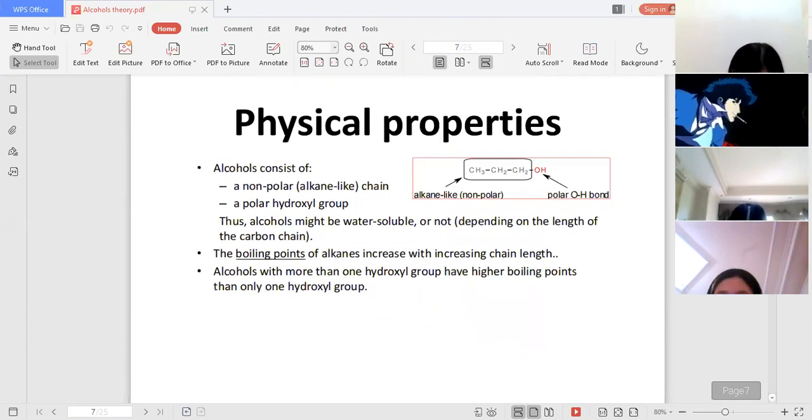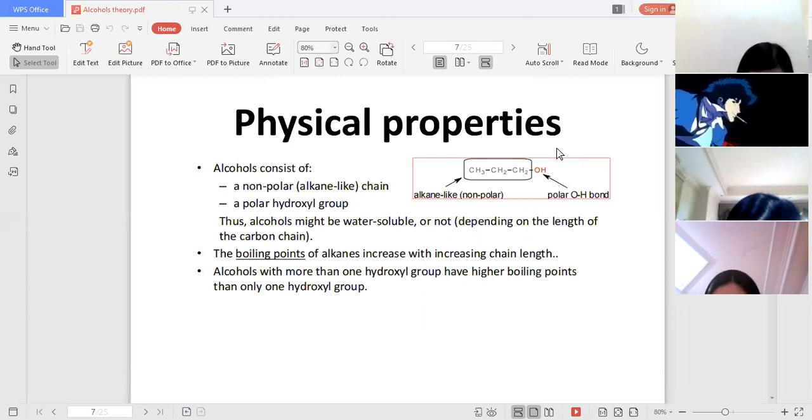Now, physical properties. Of course, without knowing the physical properties, how can we discuss the chemical properties directly? So, what are the physical properties? Alcohols consist of a non-polar and a polar part. The non-polar part is the alkyl group, alkane-like. And the polar part is the OH.